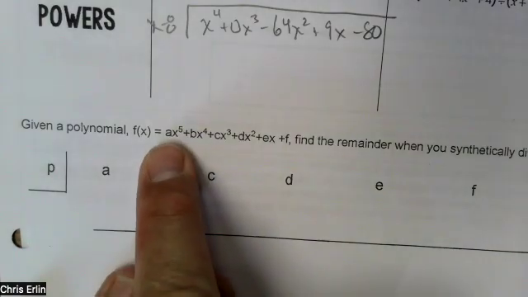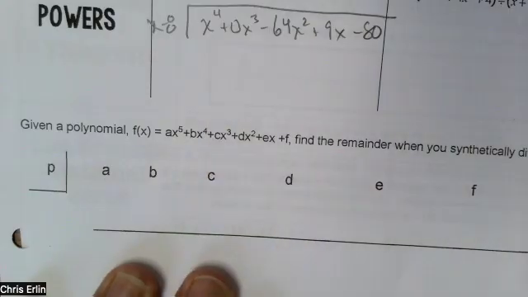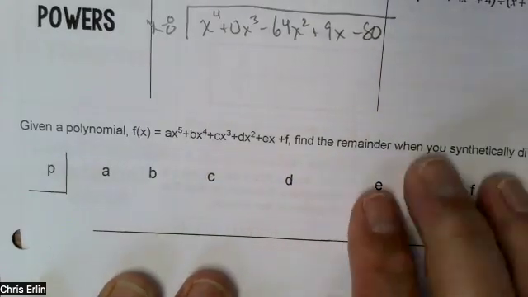We're given a polynomial of a x to the fifth plus b x to the fourth plus c x to the third plus dx squared plus ex plus f.